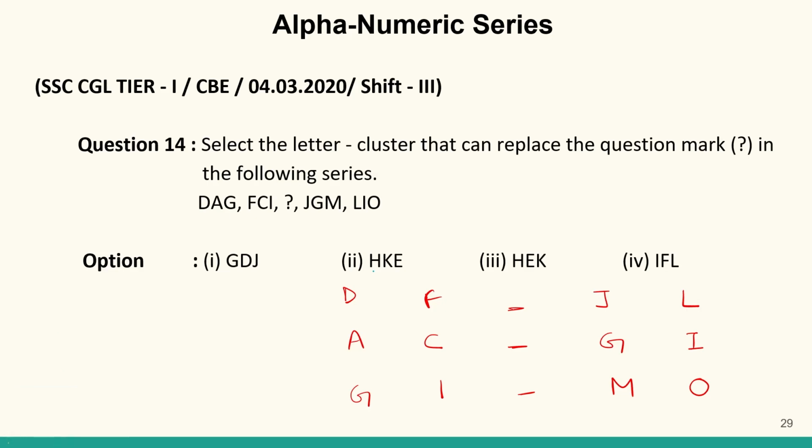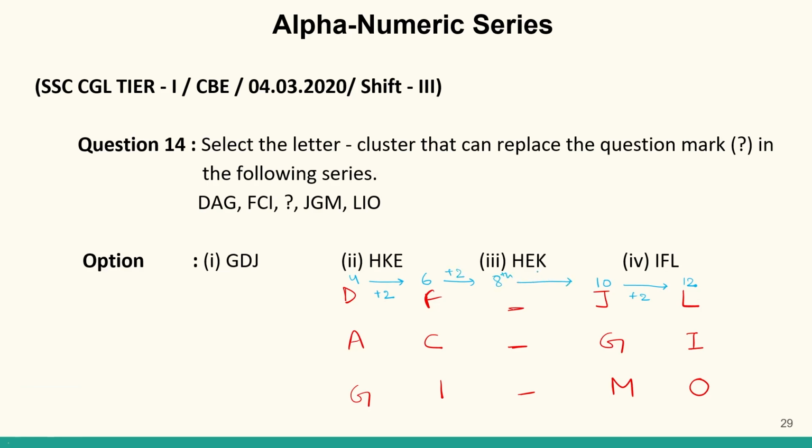Let us solve. So D is positioned at 4, F is positioned at 6, J is positioned at 10, and L is positioned at 12. So I can easily say that 2 positions are being increased over here. Over here also I can say 2 positions are being increased. So if I increase 2 positions here, I'll get the 8th rank.